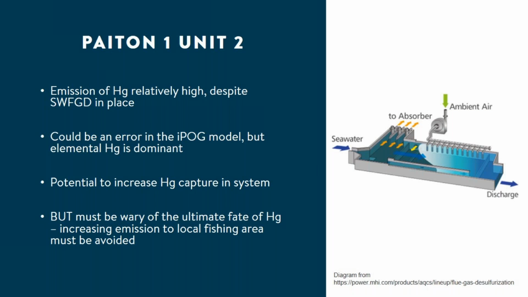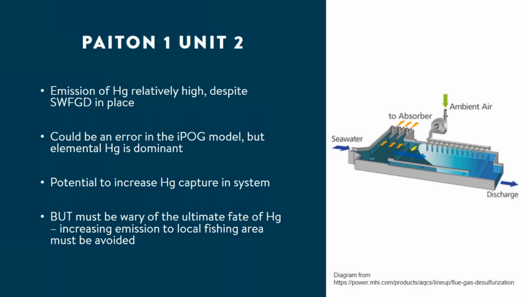I should mention here that iPOG is currently not configured to consider seawater FGD. So for the purpose of this exercise, we've assumed that seawater FGD, as far as chemistry of mercury in the scrubber, would behave very similarly to limestone FGD. But again, it's only an assumption. This needs to be refined.